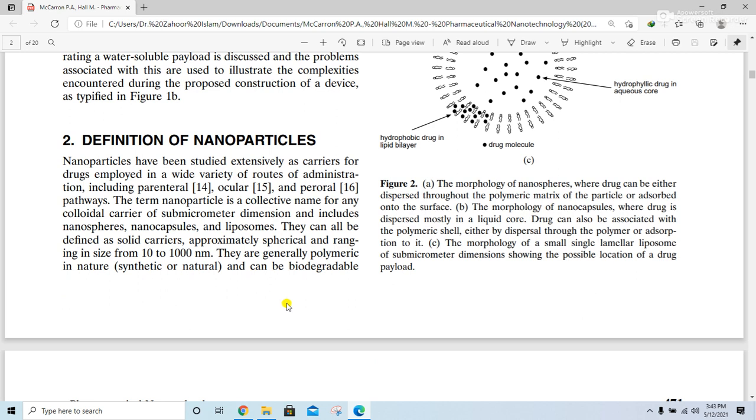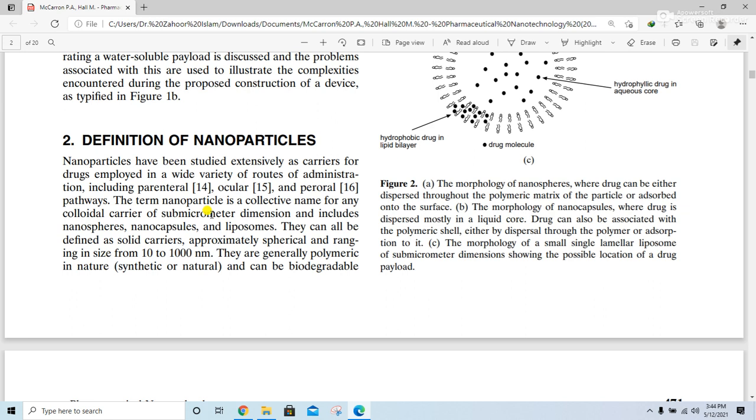Now come toward the definition of nanoparticles. We know that nanoparticles have been studied extensively as a carrier for drugs applied in a wide variety of routes of administration, including the parenteral, ocular, and peroral pathways.